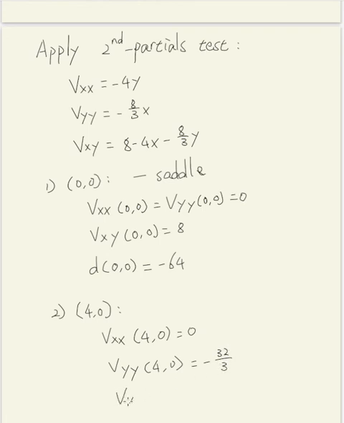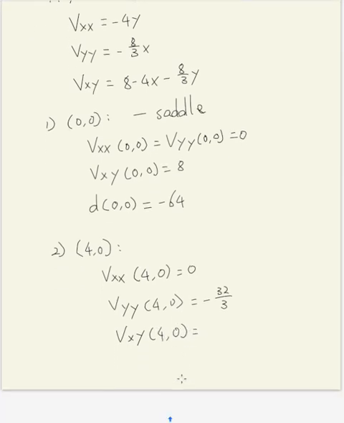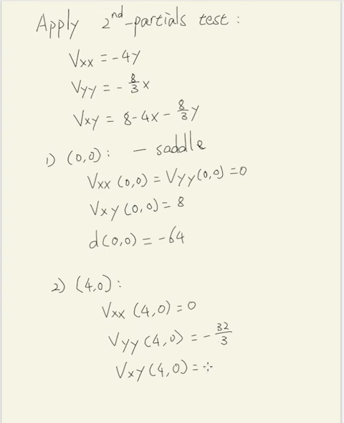And Vxy at 4, 0 is minus 8. And once again, D at 4, 0 is minus 64, which is also not what we want.